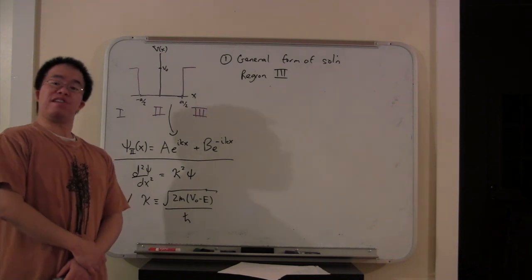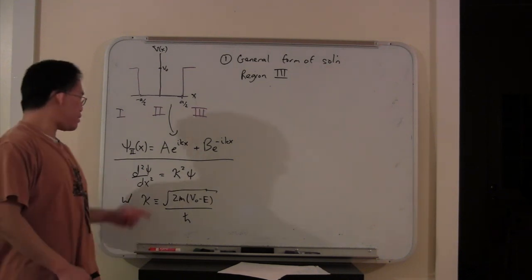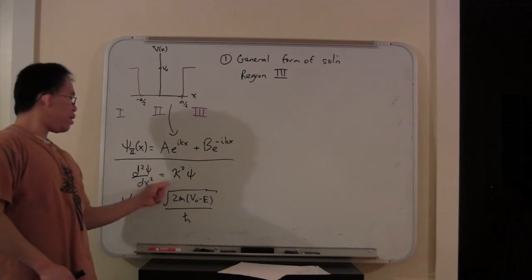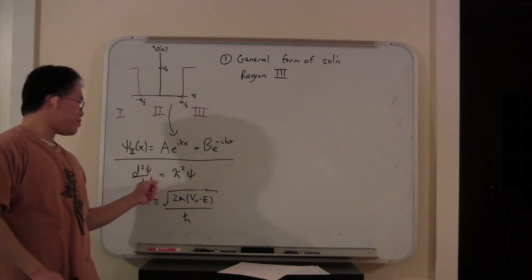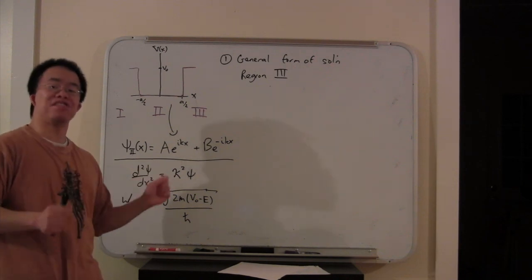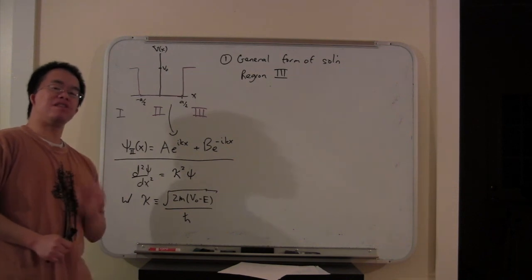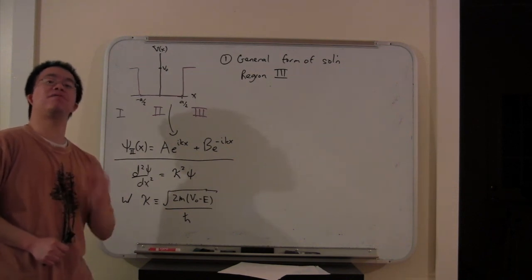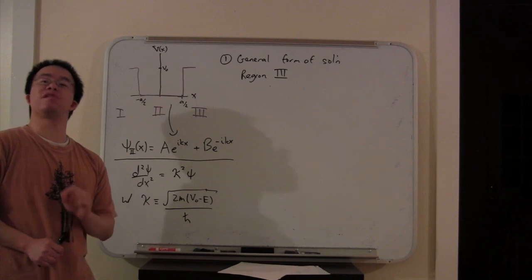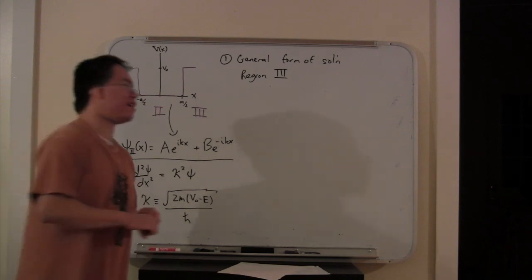So hopefully you had a chance to think about it, and hopefully you've convinced yourself that when I have the second derivative of the wave function being some positive constant times the wave function, the solution this time is going to be in terms of real exponentials rather than complex exponentials. That is in fact the case.